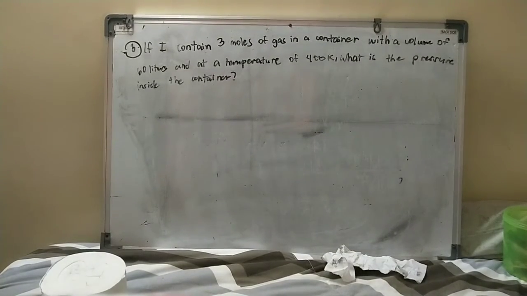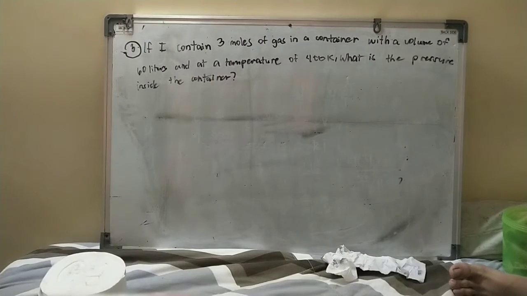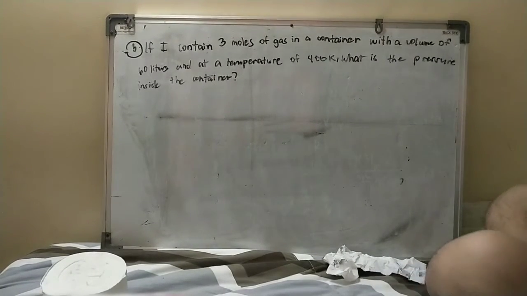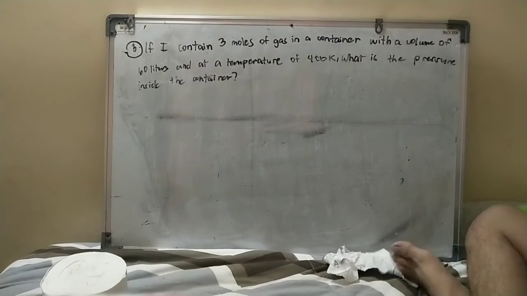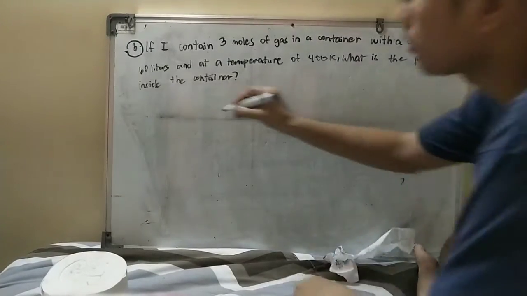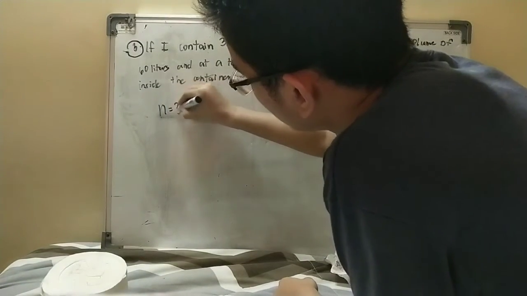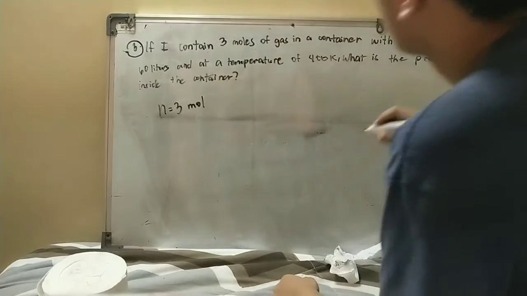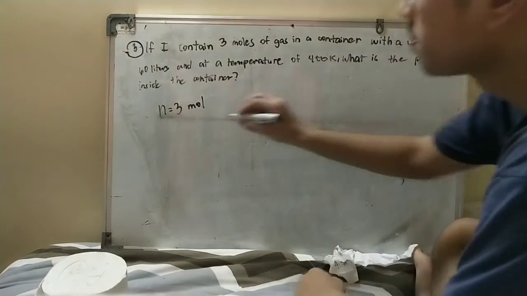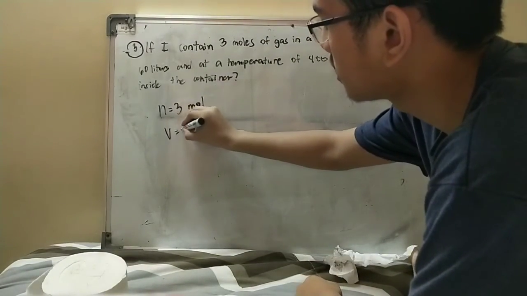So, our third example is, if I contain 3 moles of gas in a container with a volume of 60 liters and at a temperature of 400 Kelvin, what is the pressure inside the container? So, as I said earlier, we're going to list all of the values that we see in the problem. So, our N is 3 moles. Our volume is 60 liters.